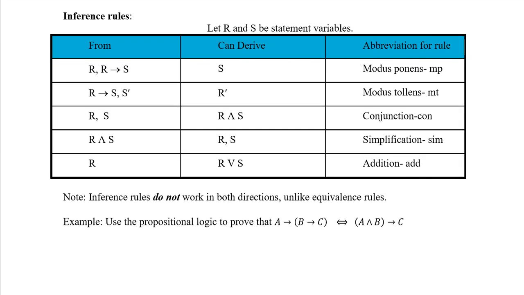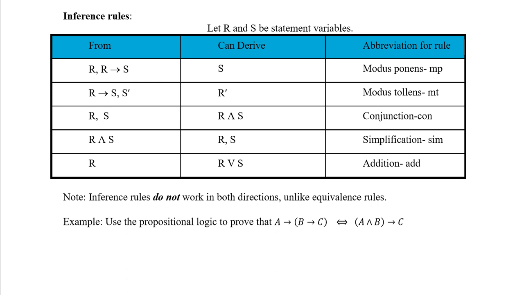The inference rules, on the other hand, allow us to add a well-formed formula to the last part of the proof sequence, if one or more well-formed formulas that match the first part already exist in the proof sequence.